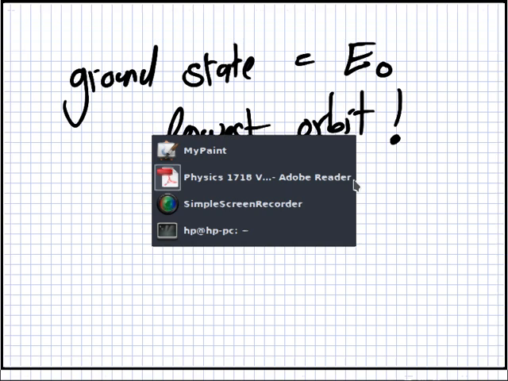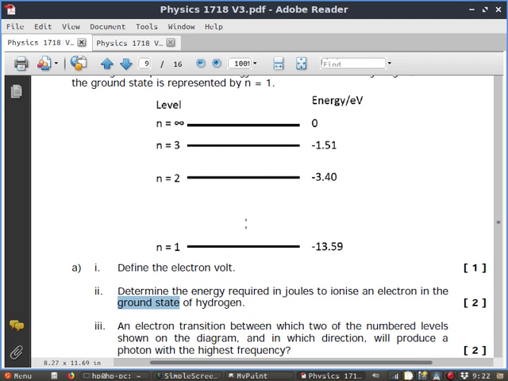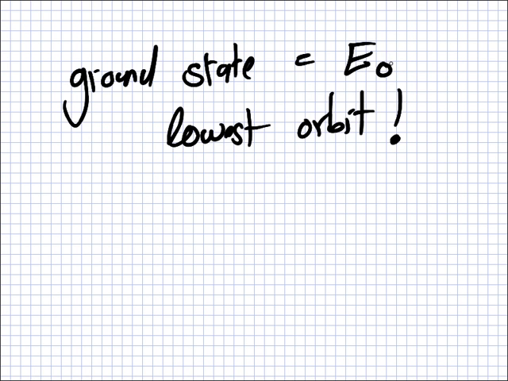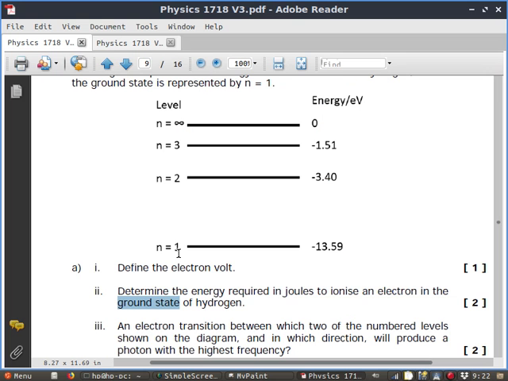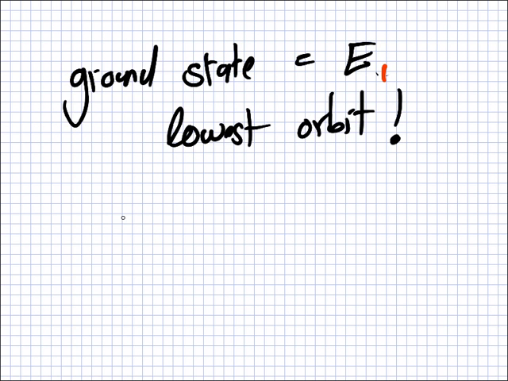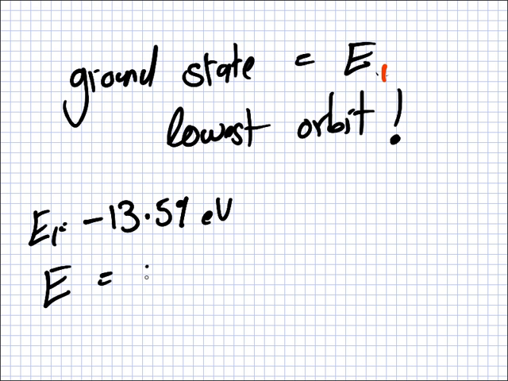In this picture, actually they start at 1, not 0. E1 is the ground state. So all they want you to do is change minus 13.59. That's E1. If you want to free it, then you must give it 13.59 eV to free it. They want you to turn this into joules, so just multiply this by e.